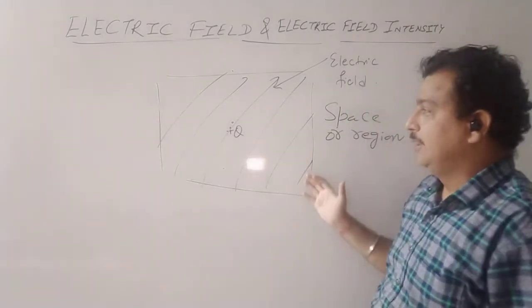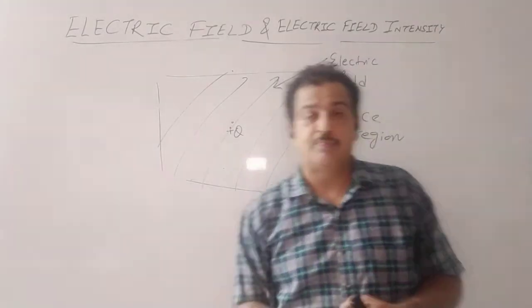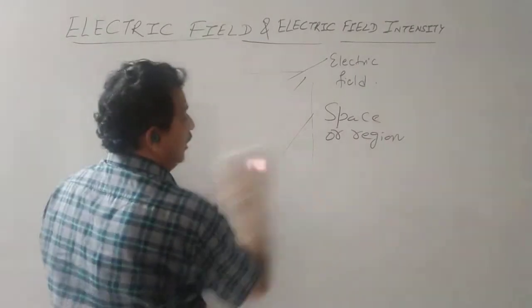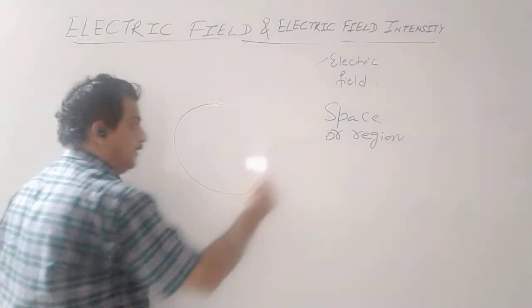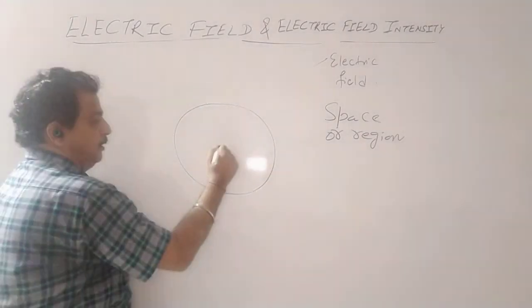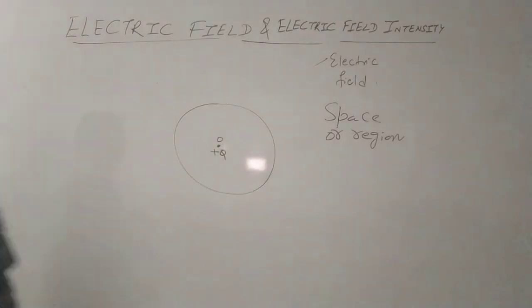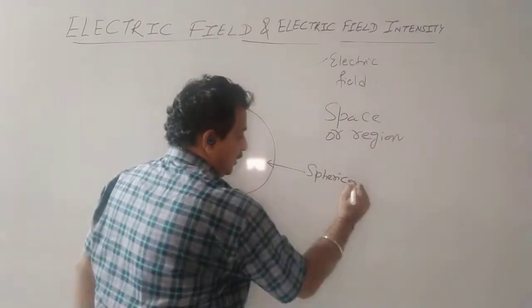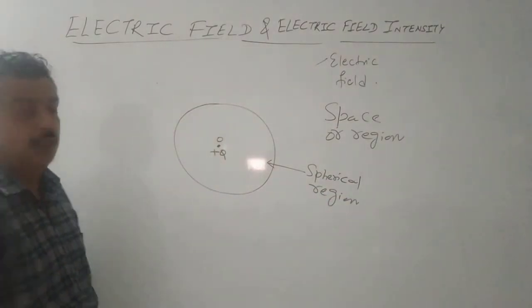So on the board I will be drawing a circle. If this plus Q charge is placed in a space, the electric field of this charge comes out to be spherical like this. So this is a sphere and the charge is at the center of this sphere. So this spherical region is called the electric field.